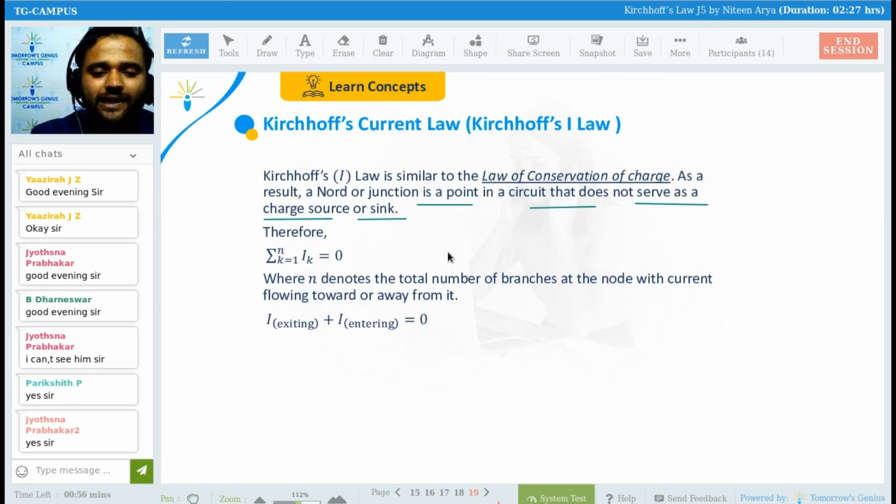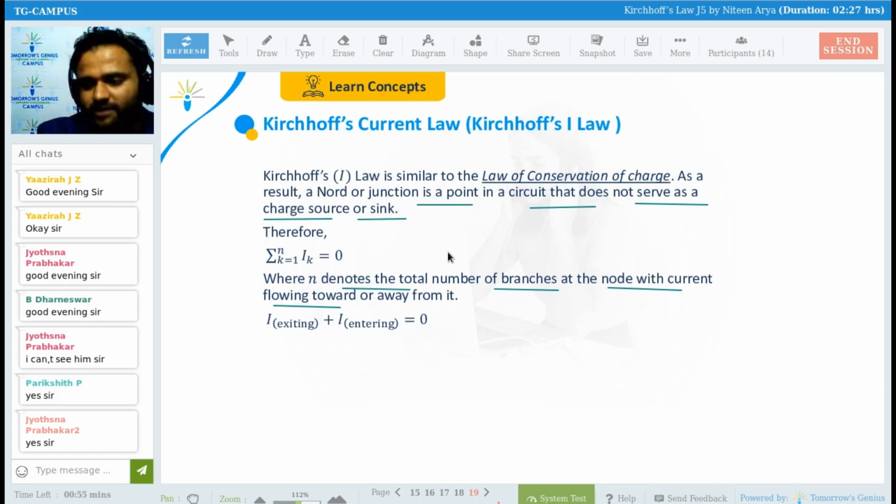Therefore, the summation of I_k from k=1 to n is 0, which means the summation of every current towards a junction is going to be 0, where n denotes the total number of branches at the node with current flowing toward or away from it. Means the net current is going to be 0 at a node, wherever the current is coming or going away.